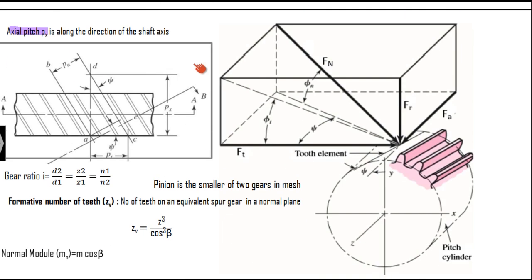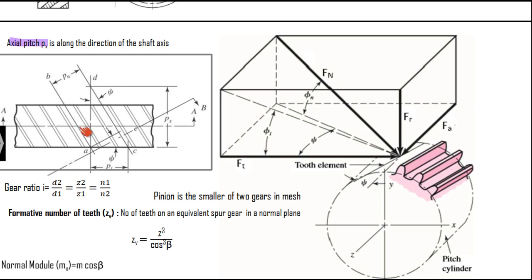If we look at this particular figure, we can see that this is the direction of the teeth, or the teeth are arranged on the circumference like this, and this is the plane we are talking about, and we are measuring the distance along this plane. So if we consider a point here and a point here, this distance is called the normal pitch, and if we consider a plane along the direction of the shaft axis, this is called the axial pitch. These are the three different pitches or planes that we have to consider.